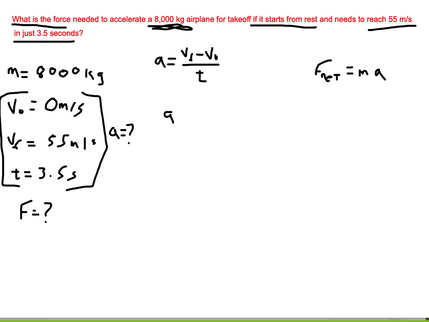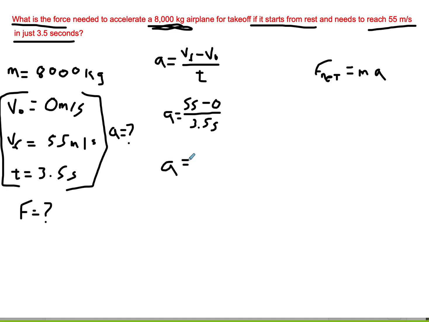Okay, so the acceleration equals 55 minus 0. Excuse me again for not writing the units down. And then the time is 3.5 seconds. So I punch that in my calculator.